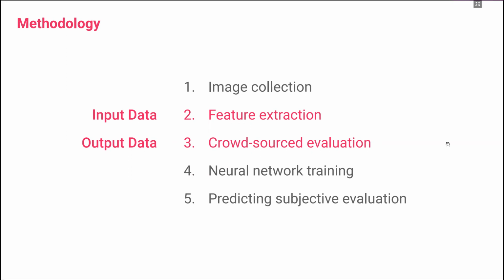And lastly, once the neural network training is done, any new image could be uploaded into the neural network, and the subjective evaluation will be predicted. Now, the process that we're going to undertake is, of course, not restricted to safety or beauty. The moment you change what you're asking people to review in step number 3, which is crowdsourced evaluation, the process takes on a whole different meaning, right?